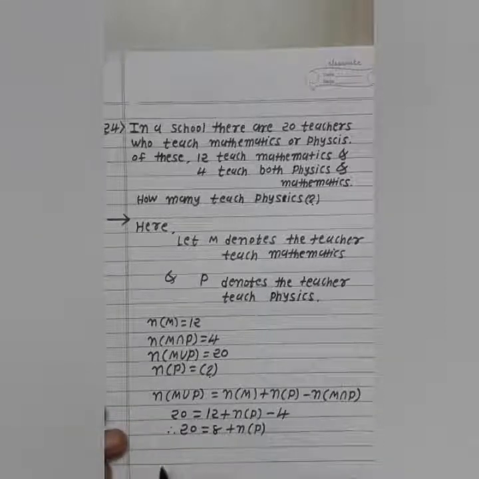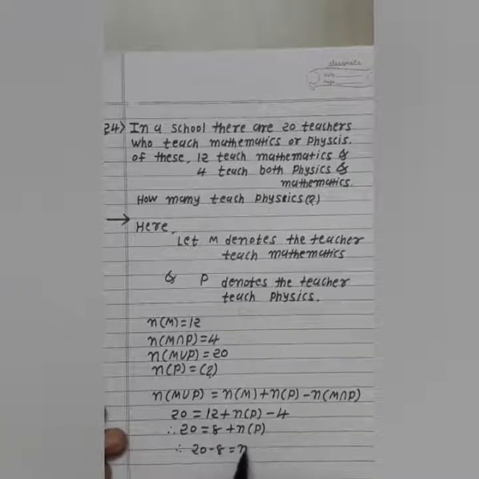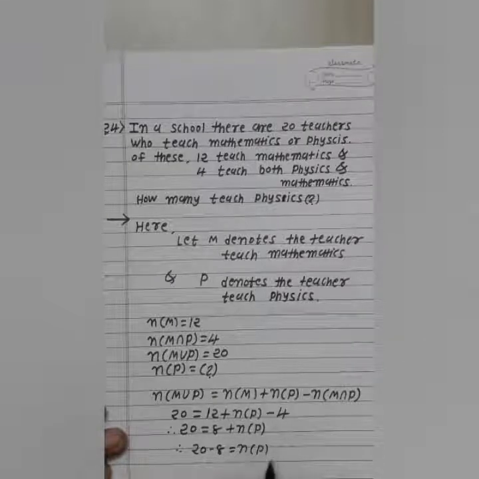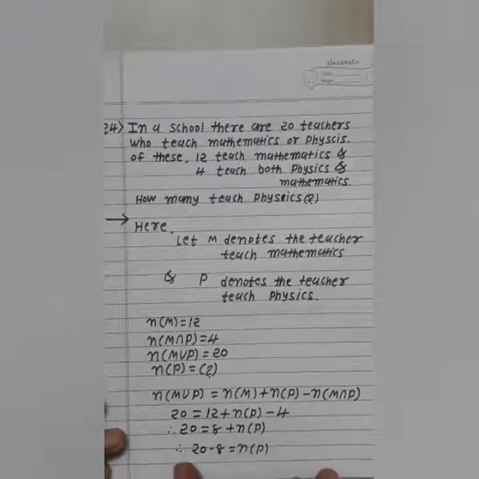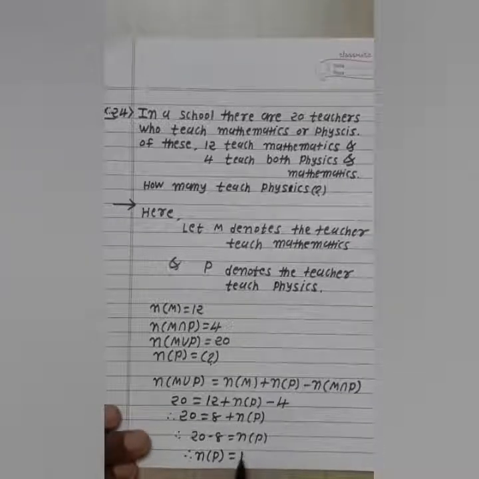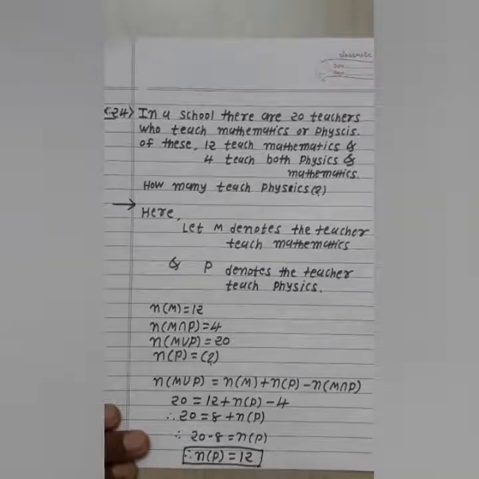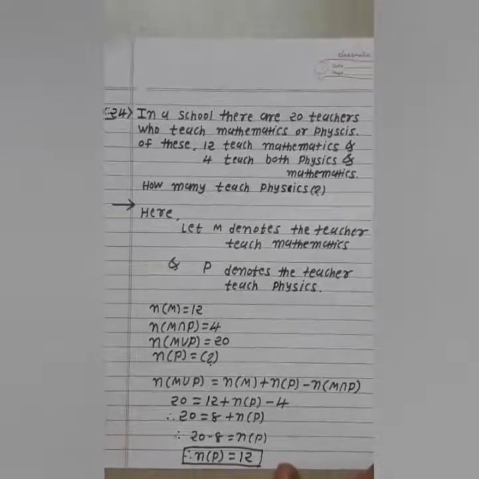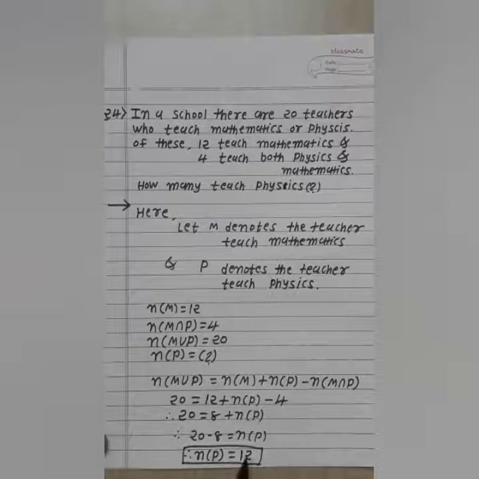Now 8 goes to the opposite side, so 20 minus 8 is equal to n of p. So n of p is equal to 20 minus 8, that means 12. So our answer is n of p is equal to 12.